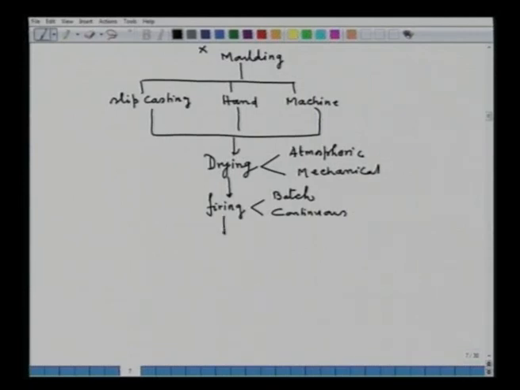Then it is subjected to cooling. Whatever rejections there are, they are recycled for the process, and the accepted ones go to the customer. So, that is how these refractories are manufactured for a particular application.